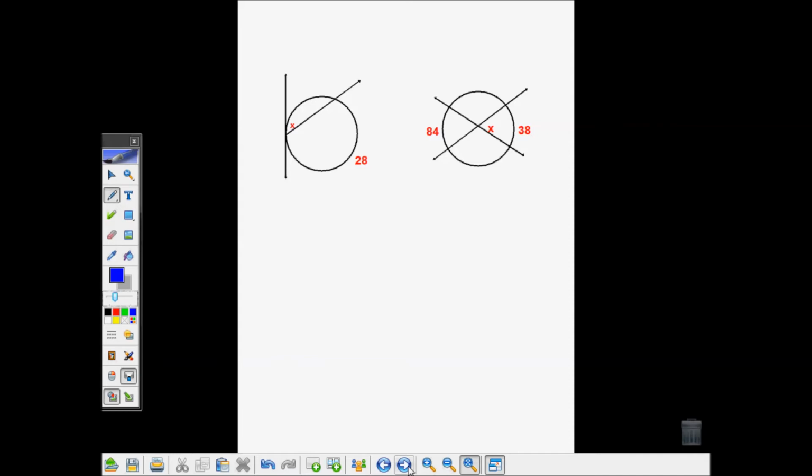For the first one, I find where they intersect. It's right here. That is on the circle. I want to find this angle x. I need to use the formula angle equals 1/2 times the arc. Also, on this one, this is supposed to be 280. They tell me that this part right here is 280, but I want the other part.